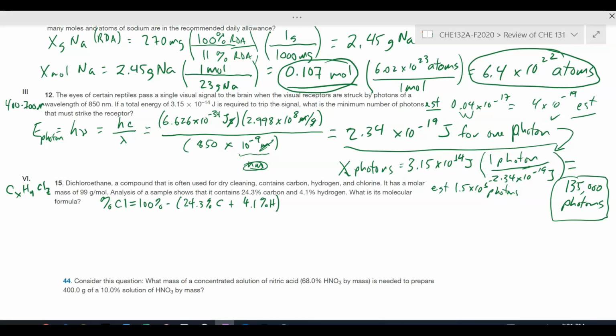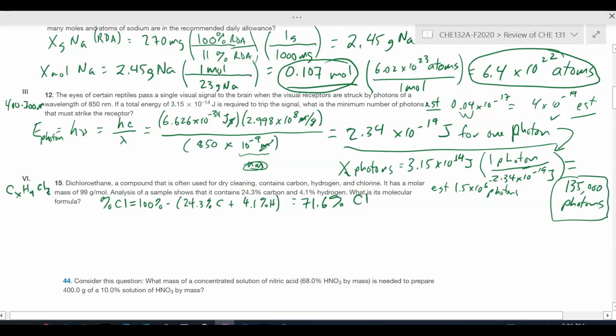So 100 minus the quantity 24.3 plus 4.1. That's 28.2 inside the parentheses, so the rest of it is going to be 81.8, I think. 71.6. Yeah, you're right. Okay, that's 71.6% chlorine. That makes sense.